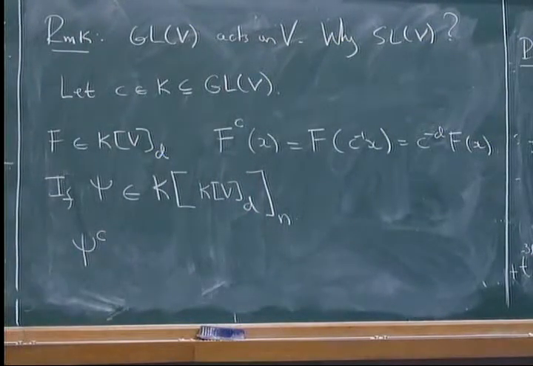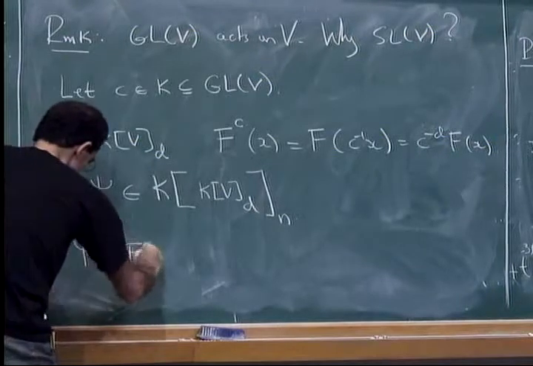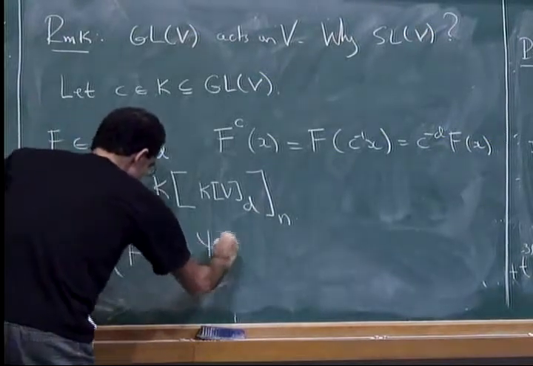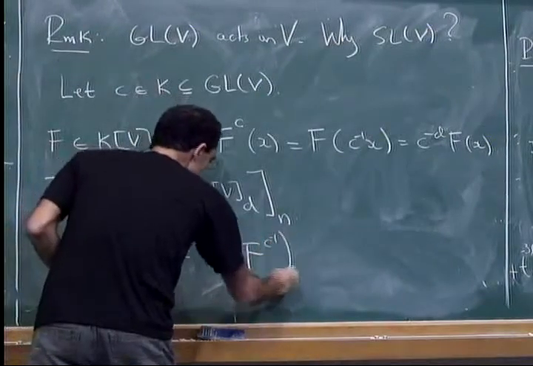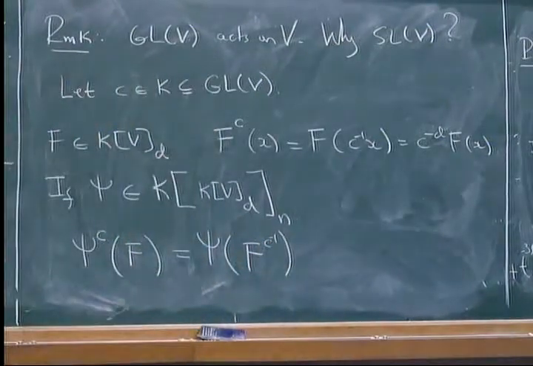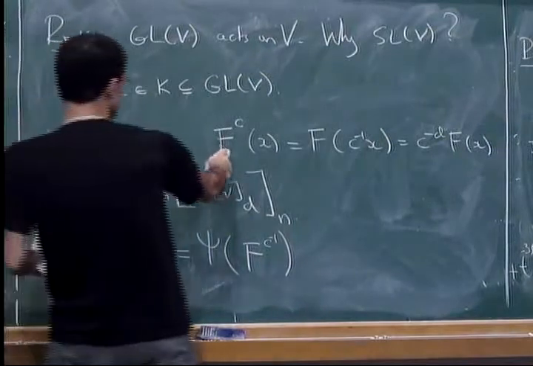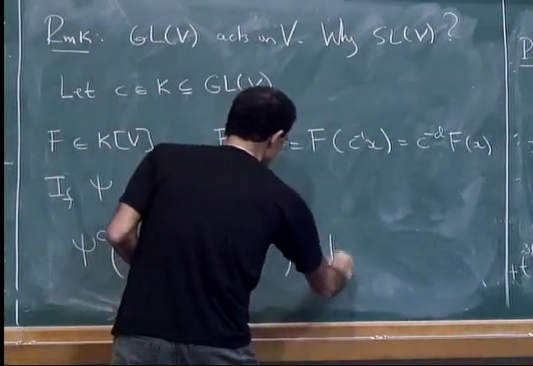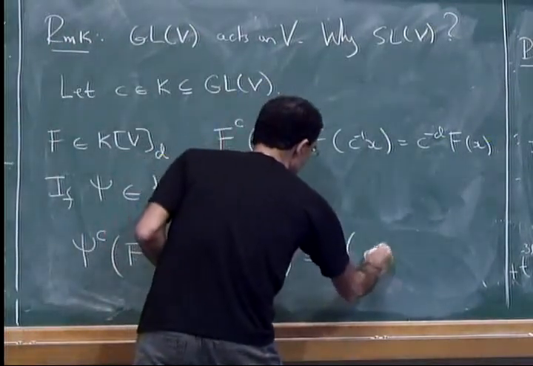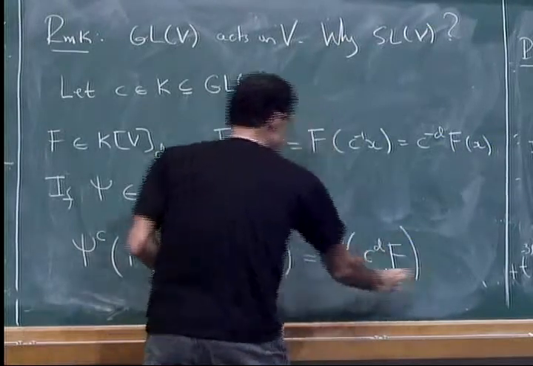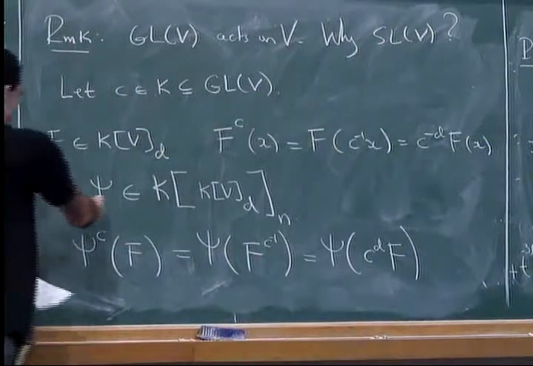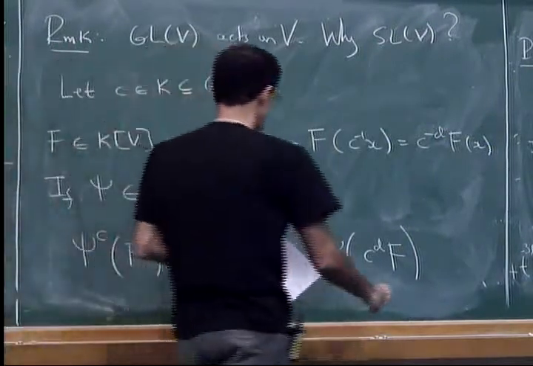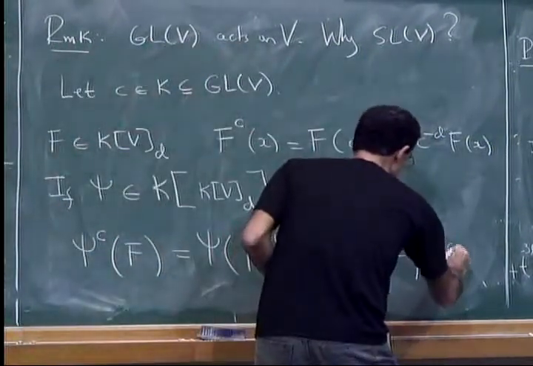So let's look at what this action is. Again, the definition is that I put it inside, but I take the dual, the inverse, FC inverse. And then I use this, right? This is psi of C to the power df. Okay, so it's just multiplication by that constant. And then I use the fact that it's homogeneous of degree n to pop this outside.